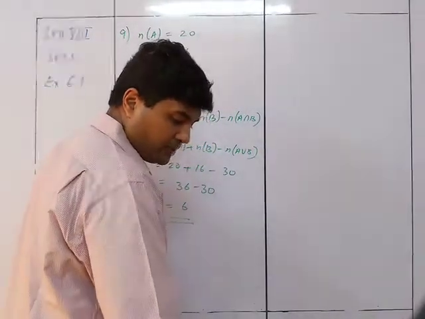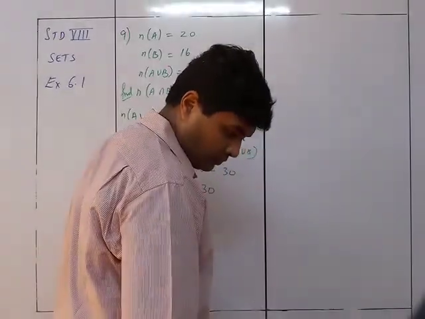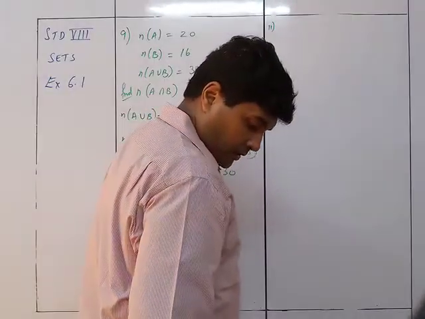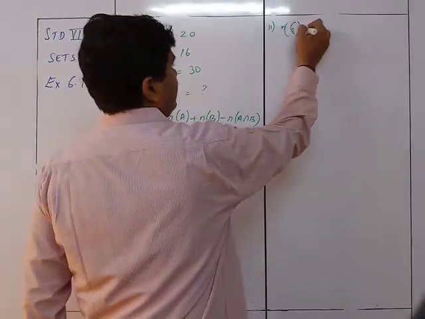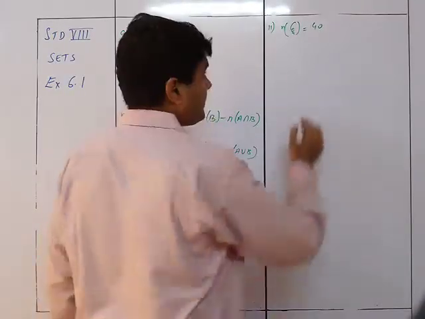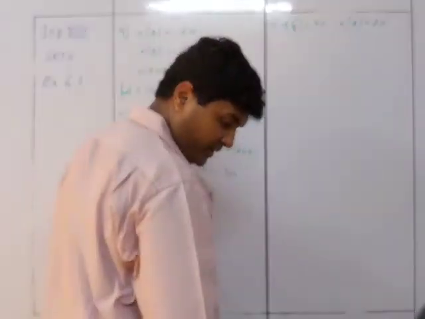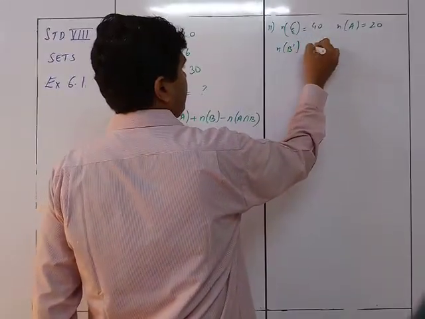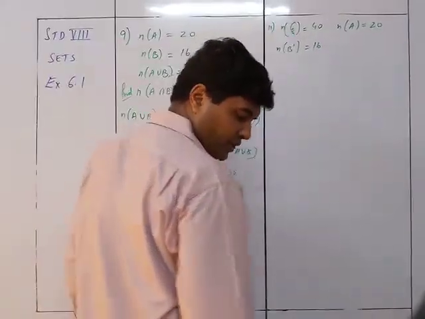We move on to sum number 11. n of the universal set is equal to 40, n(A) is 20, n(B dash) is 16, and n(A union B) is 32.